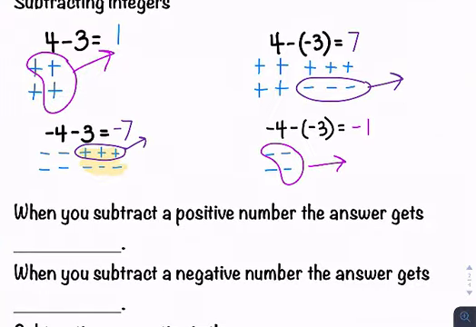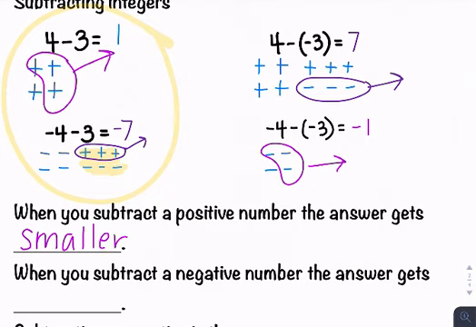So, we have some concluding statements here. When you subtract a positive, like these two, subtracting a positive number, my answer gets smaller. Both times my answer got smaller.